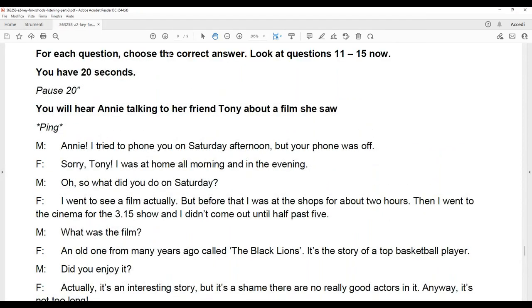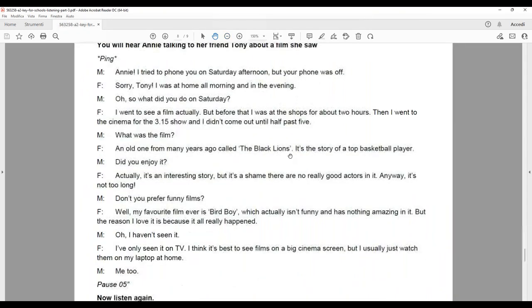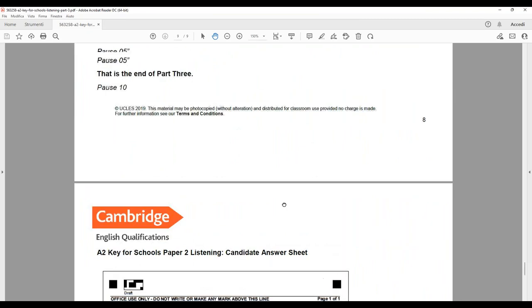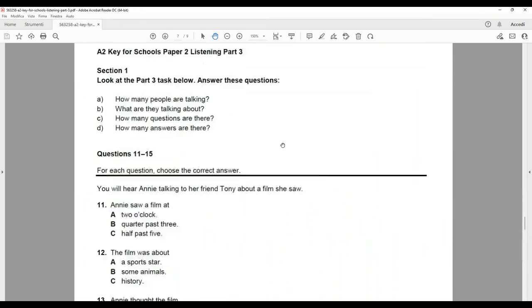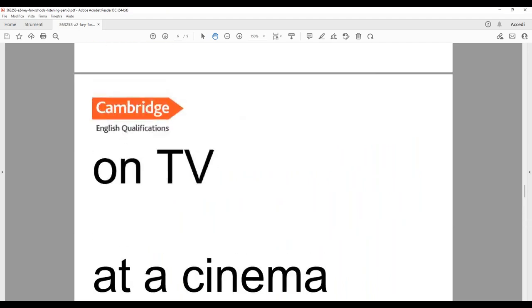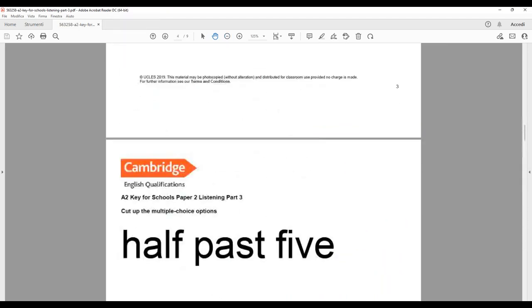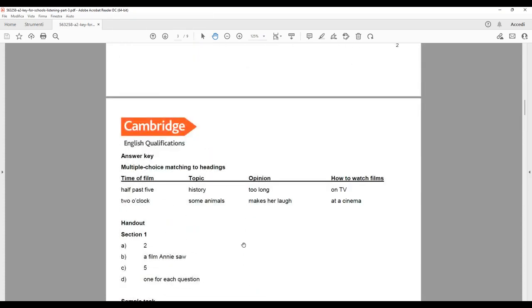Remember that I have a script for the listening that I'm going to play right here, which I'm going to play for you in order to help your listening exercise. So let's have a look here at this part.